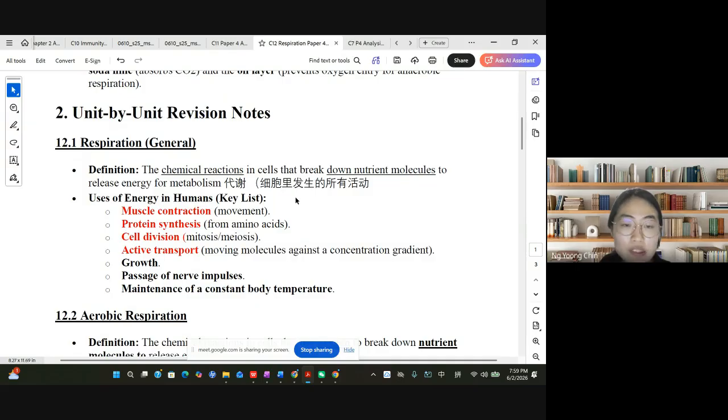What kind of respiration does our body cell carry out the most? Aerobic or anaerobic? Aerobic. Okay, then this aerobic respiration happens at which part of the organelles? What's the name of the organelle that carries out the respiration?